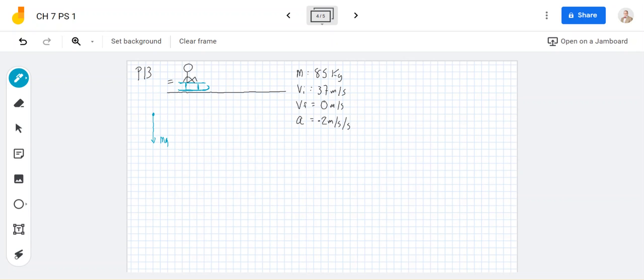So here's the weight. Here's the normal force, and there has to be some stopping force here. Ostensibly it's some kind of friction, but it's a stopping force. And what we notice is that this is the net force. This is what we're looking for, and that's equal to the mass times the acceleration.